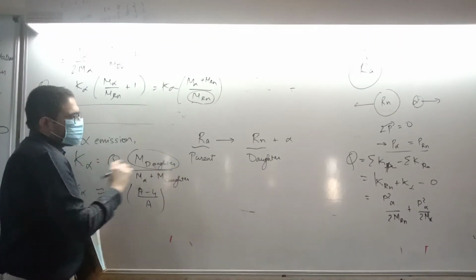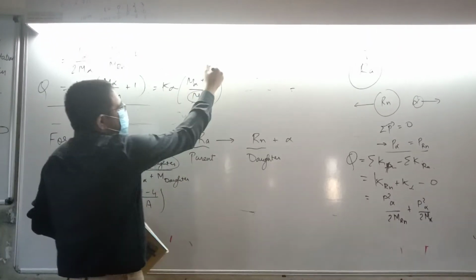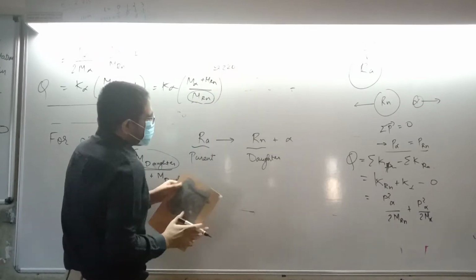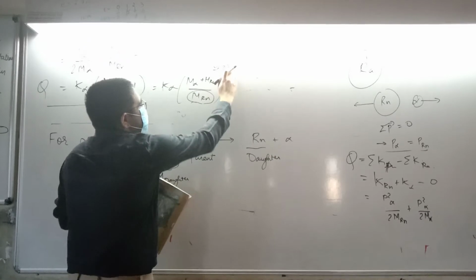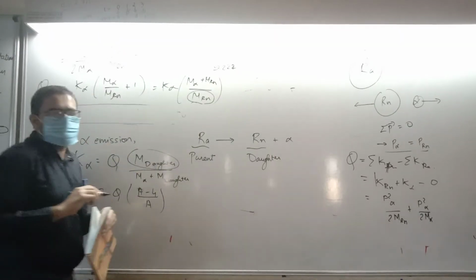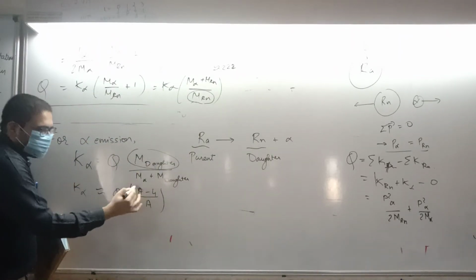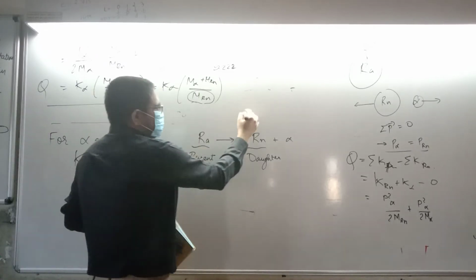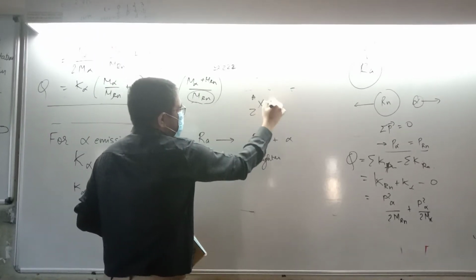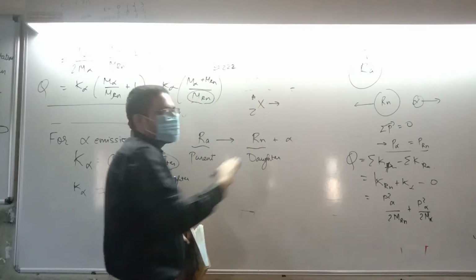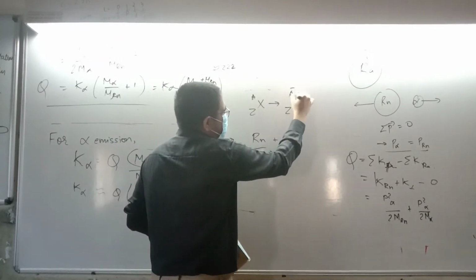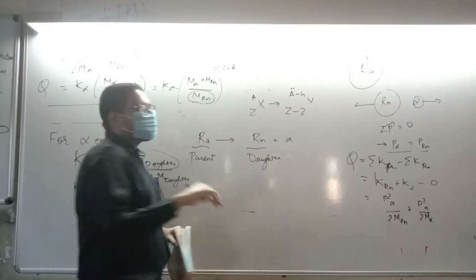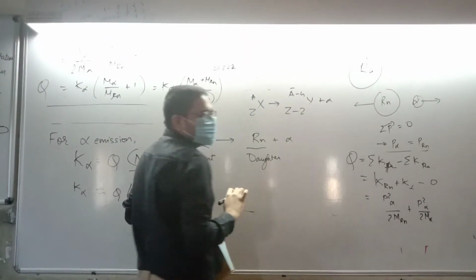The mass of daughter, that is like your radon. Do you realize that the mass of radon is nearly 220, 222 sorry, 222? Yes or no? So A minus 4. Suppose you start with Z X A, it becomes Z minus 2 and A minus 4 for alpha particle, plus alpha.